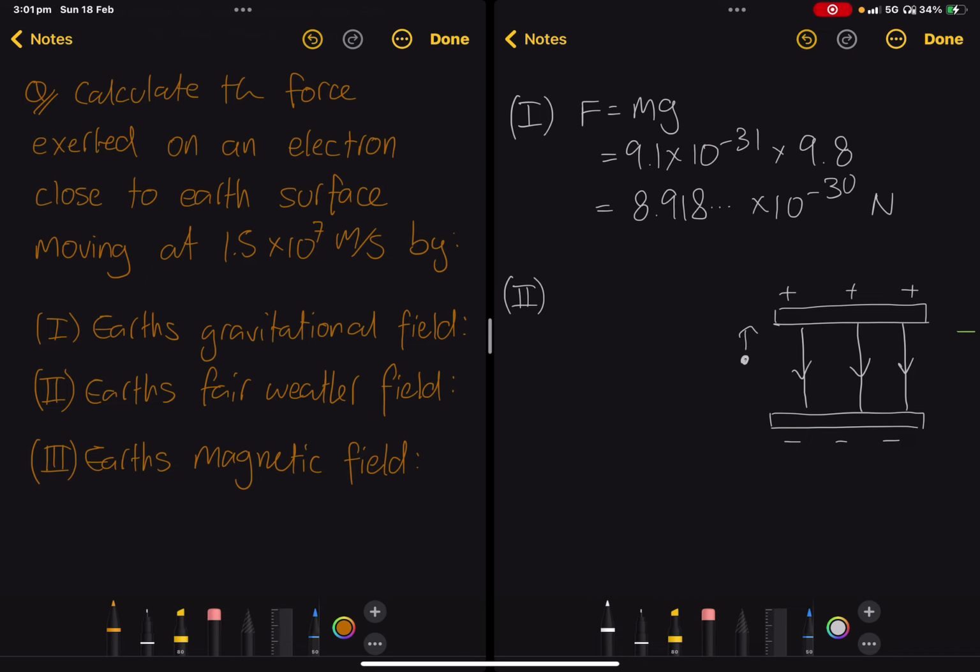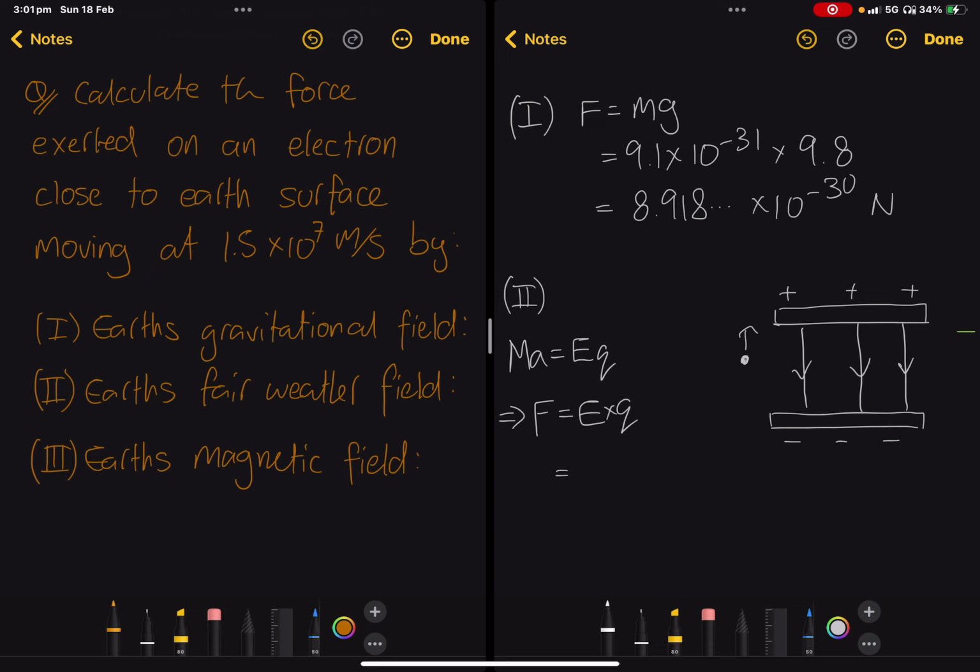As is the case for electric fields, ma is actually equal to E times q, field times the charge, and m times a is the force. So the force here is the field multiplied by the charge.